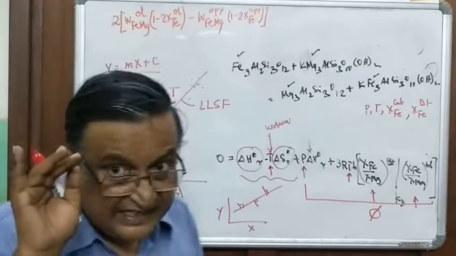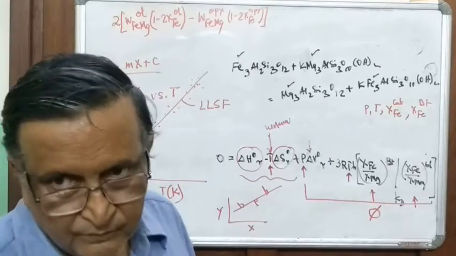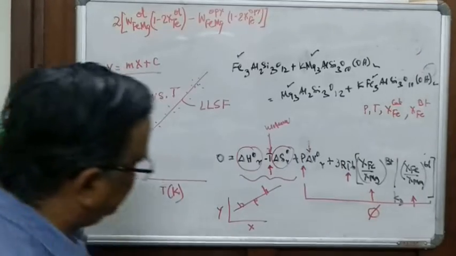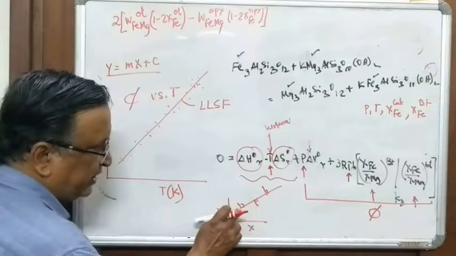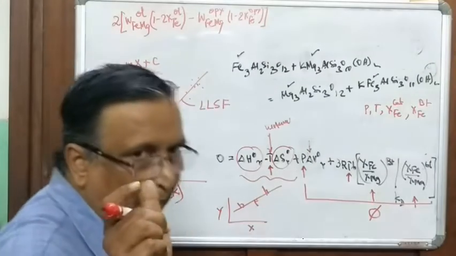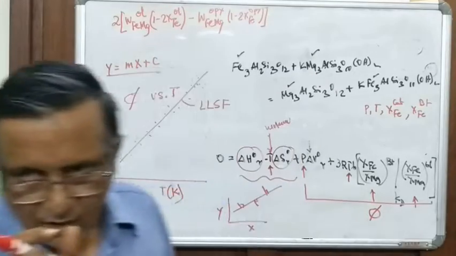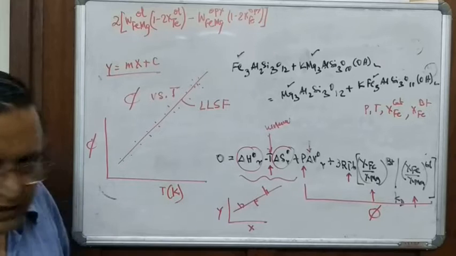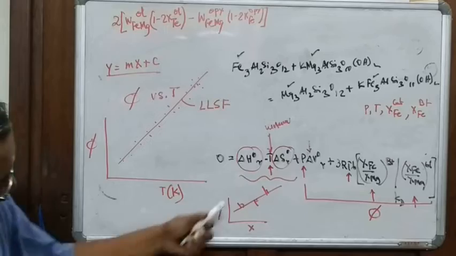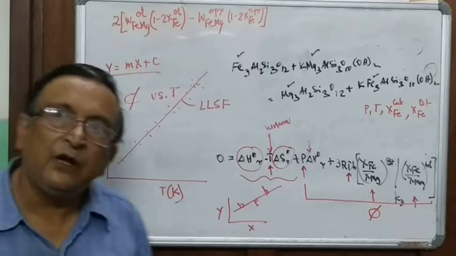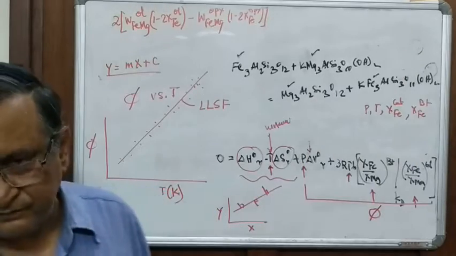If it is 0, then all the points lie on the straight line. You take the least value of the sum of squares, and from this you can calculate the straight line. This is also known as linear regression.